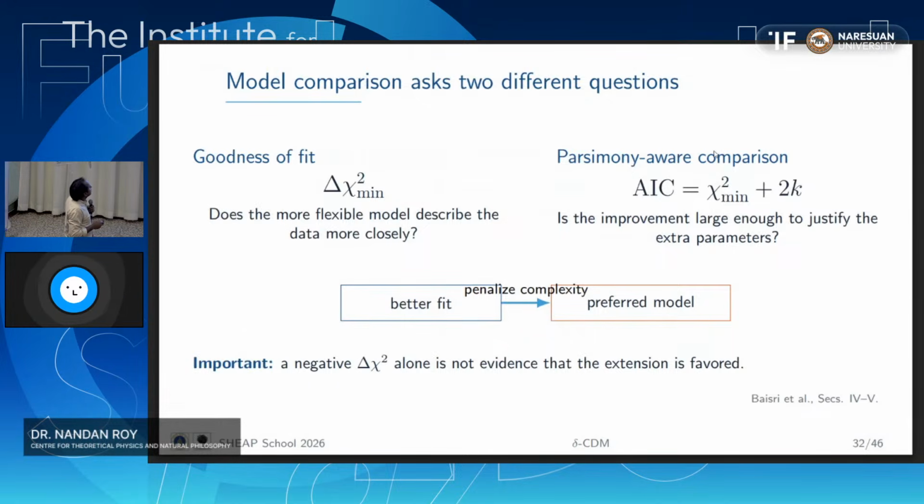Here we consider the AIC, because minimizing chi-square might be misleading when fitting a model: if you have more parameters, then it's more likely to fit the data better, but that doesn't mean you have a better model. So you have to penalize a model having more parameters than another model which has a higher chi-square.